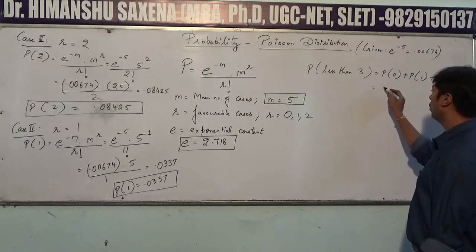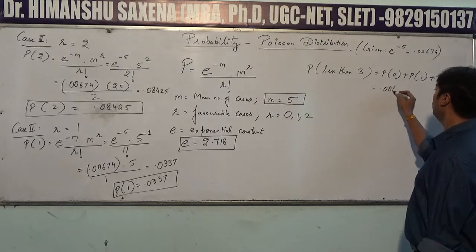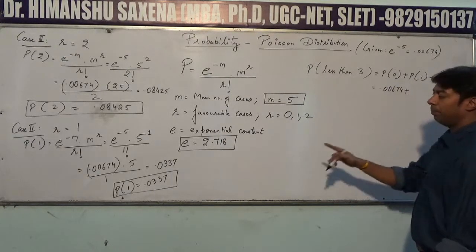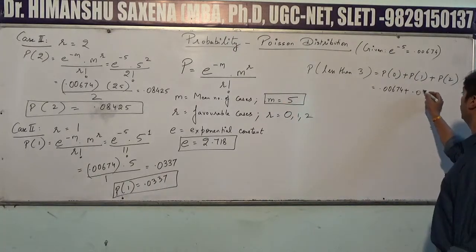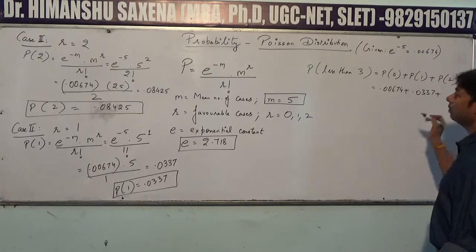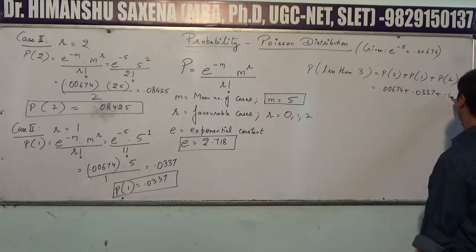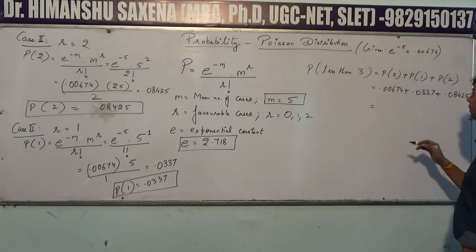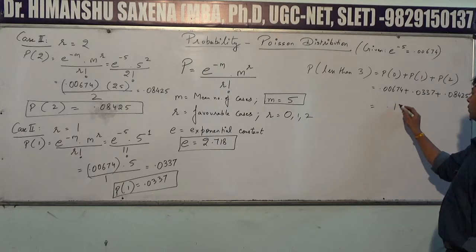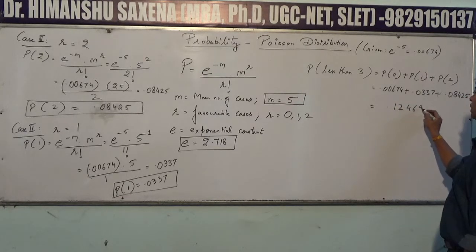Now P0 was 0.00674. P1 came out to be 0.0337, and P2 came out to be 0.08425. Now solve it to give me the final answer. 0.12469.